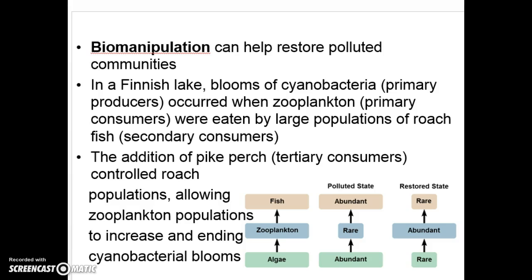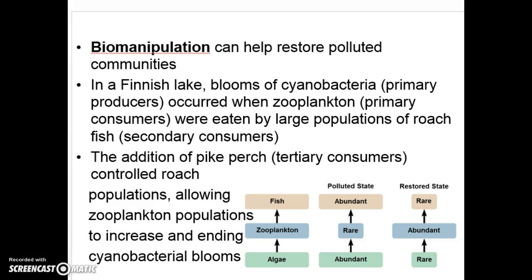It also is compounded when the zooplankton, in the case of these Finnish lakes, were eaten by large populations of roachfish, which are secondary consumers. So this would be an example of a top-down situation where we have roachfish over-consuming the zooplankton, which can no longer control the cyanobacteria.